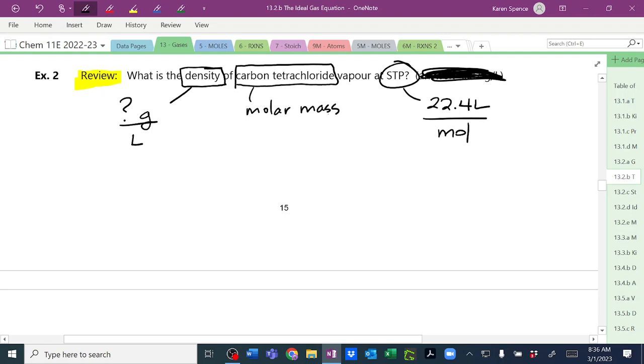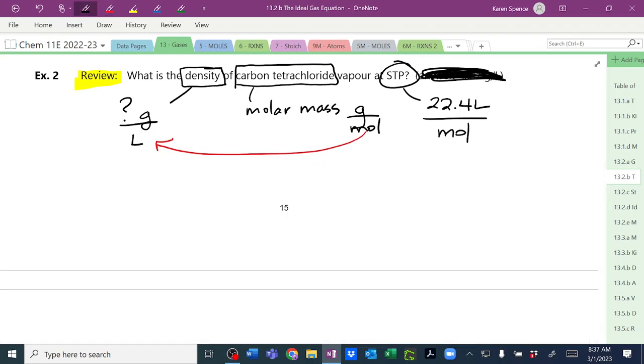Sometimes if you have no number, but you have a compound, you can think, I probably need the molar mass. The nice thing about molar mass is that it is grams per mole, and we eventually want to get to grams per liter. So that's really just going to be a single conversion between moles and liters, and we'll have the grams on the top.